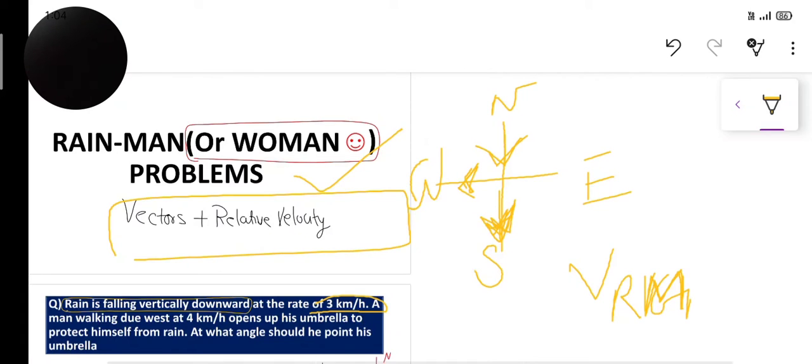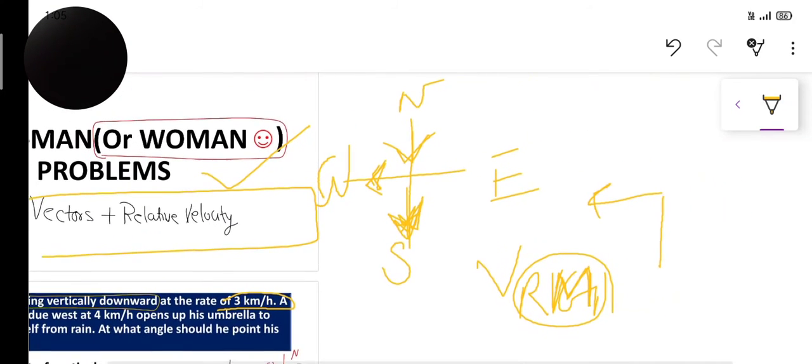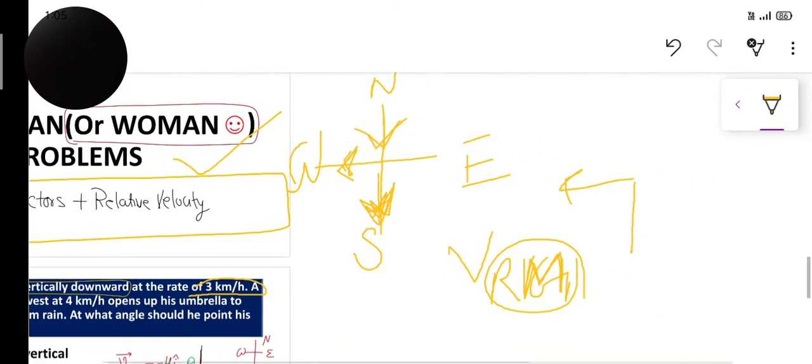If the man is going like this and the rain velocity is like this, then in the direction of the relative velocity, if the man opens his umbrella, it will protect him.